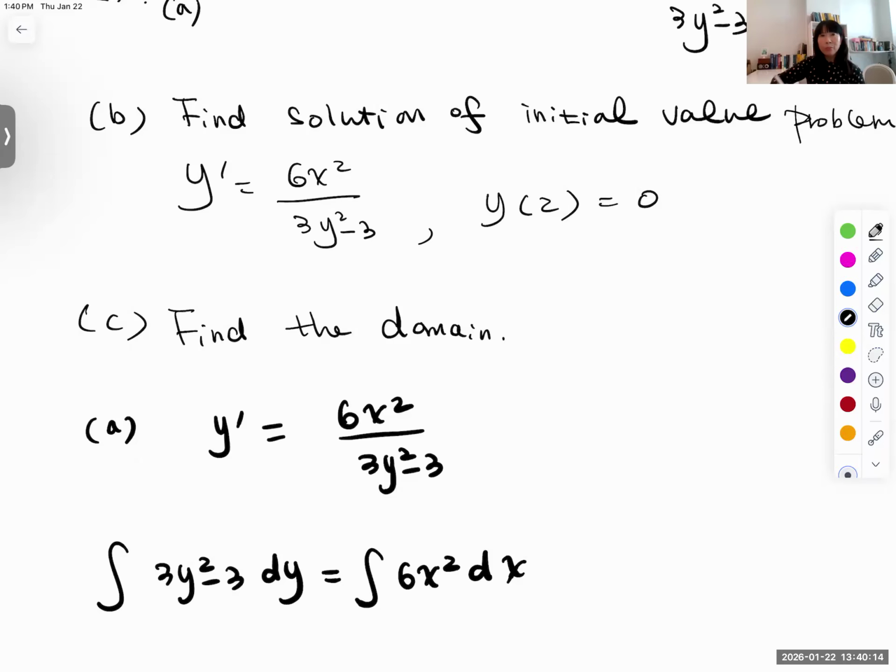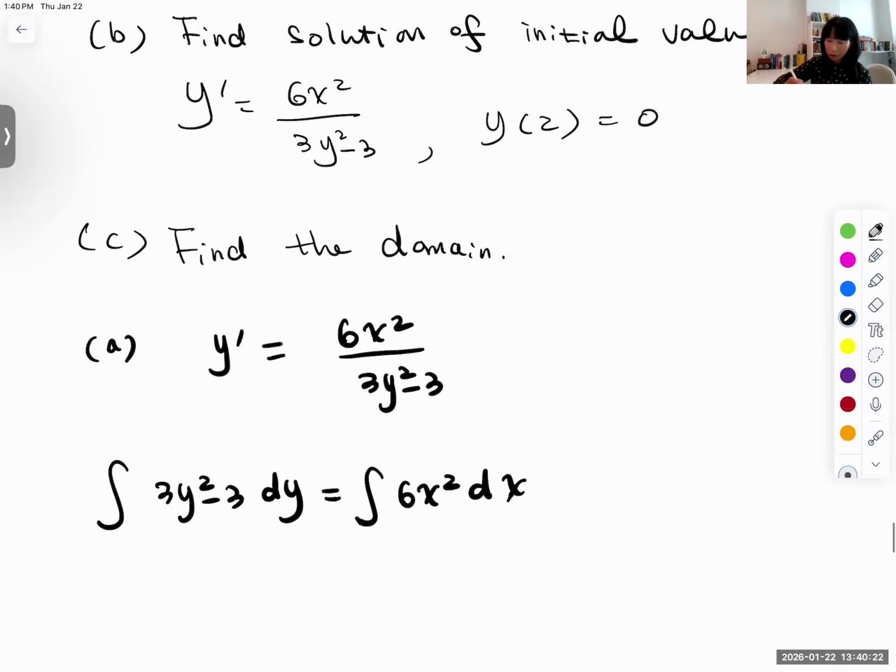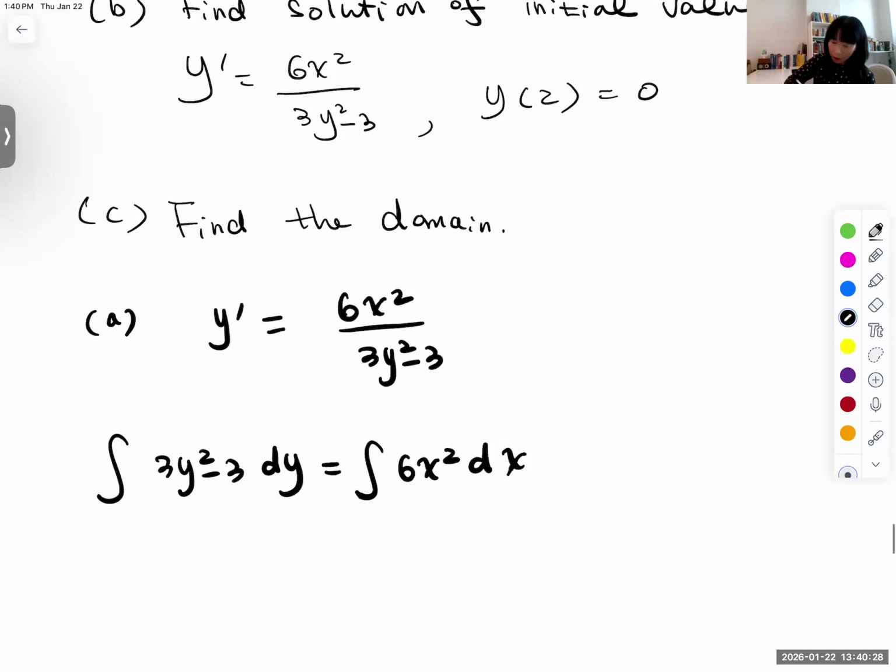Yeah. Okay, now antiderivative of 3y squared, which is y to the third power over 3, right? So there will be 3 over, yeah, we simplify, right? So y to the third power negative 3y equal to 6.